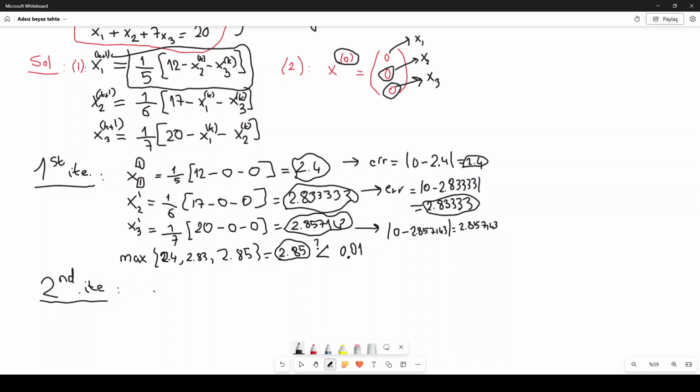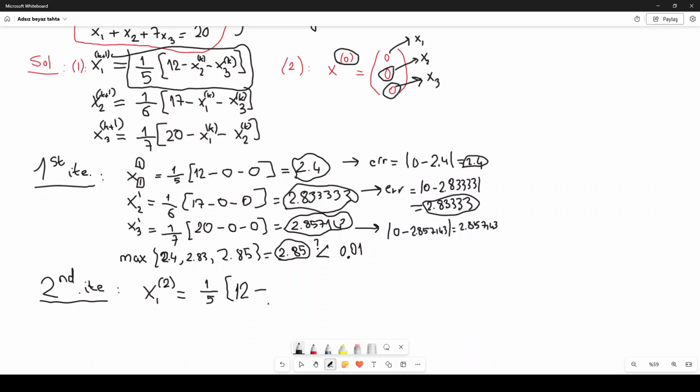Okay, for the x1, now this is the value of unknown variable x1 in the second iteration. And what is that? What I need to do is compute by using the same formula which I just rewrote before. Okay, and 12 minus, but just be careful about one thing at this point.